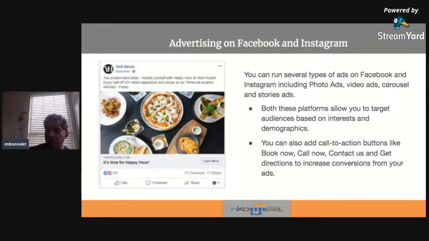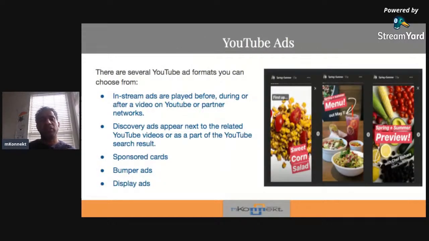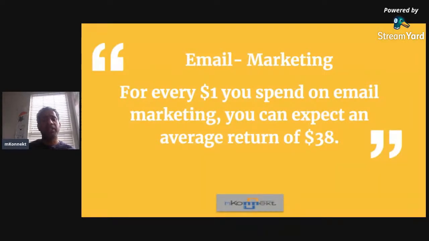Depending upon your objective, whether you are looking to increase your online orders, or make sure more people join your loyalty program, or tell people that if they join the loyalty program today, they are going to get X points or maybe something free. You can set up all these objectives on Facebook and start running ads. Similarly with YouTube ads.